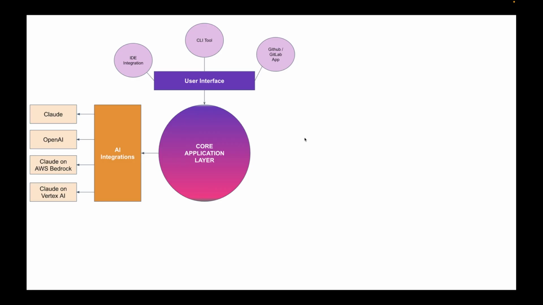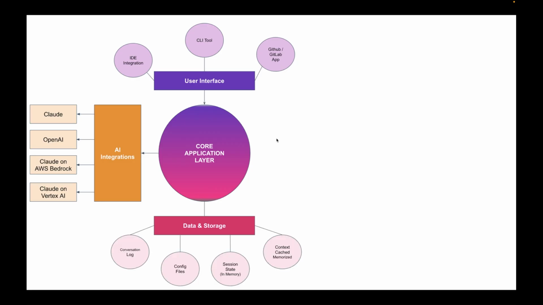The data and storage layer provides the awareness that makes Claude Code feel intelligent. It loads the configuration files, understanding how authentication is handled. It retrieves the session state, remembering what the developer and Claude Code have already discussed in this session.